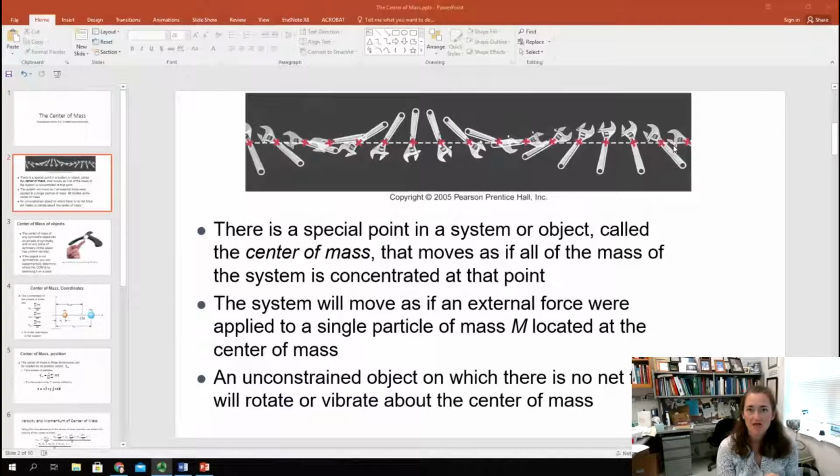Let's say that we have a mass on a spring, and then that spring on one end is attached to a wall or a ceiling or something like that. And the object vibrates back and forth with respect to that wall position. So that's kind of a different situation than, let's say, if you had a mass 1 and a mass 2, and then those things were connected by a spring.